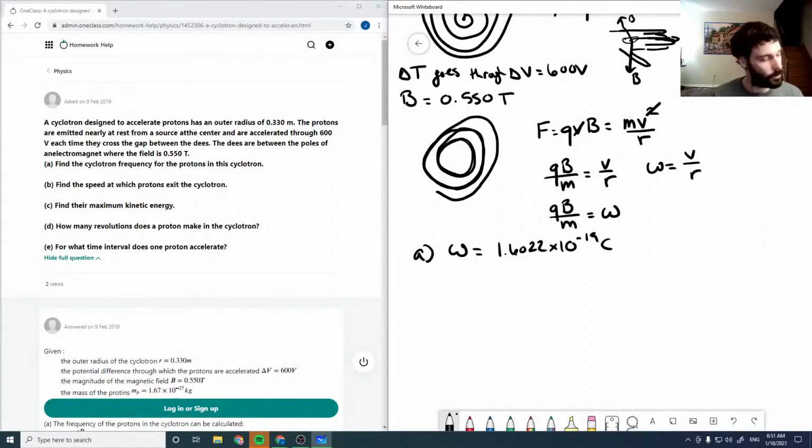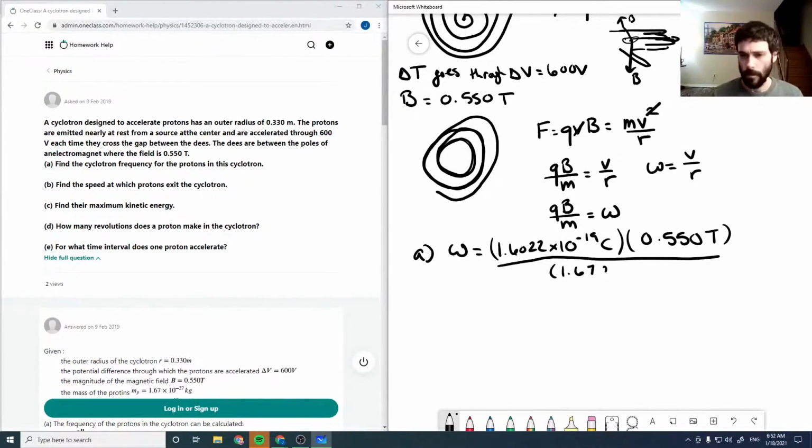So 1.6022 times 10 to the minus 19 coulombs, times B, 0.550 Tesla, over the mass of a proton, 1.672622 times 10 to the minus 27 kilograms, which is 52.684 times 10 to the 6, 1 over seconds. So there's our cyclotron frequency.